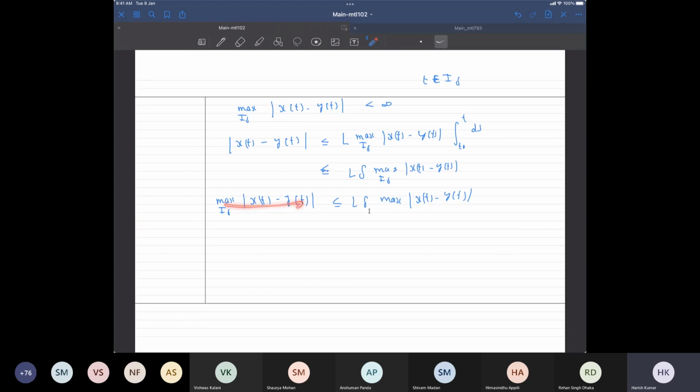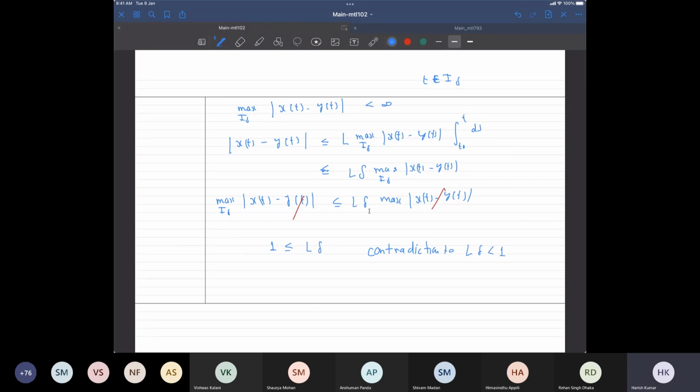If not, then we can cancel them out, and what you have is 1 less than or equal to L delta, which is a contradiction, because delta was chosen something like this.